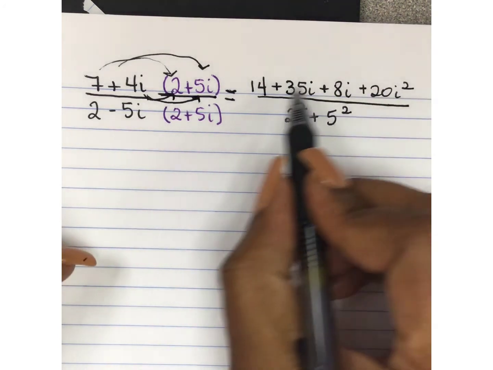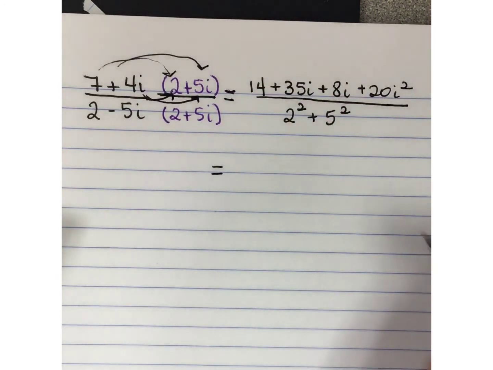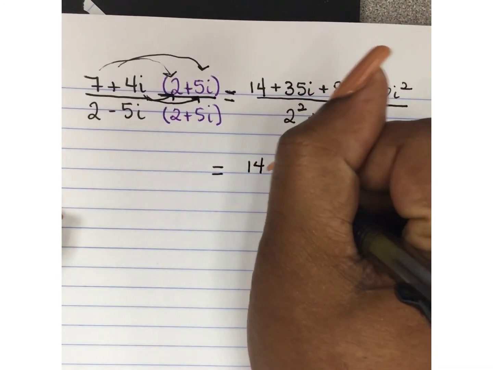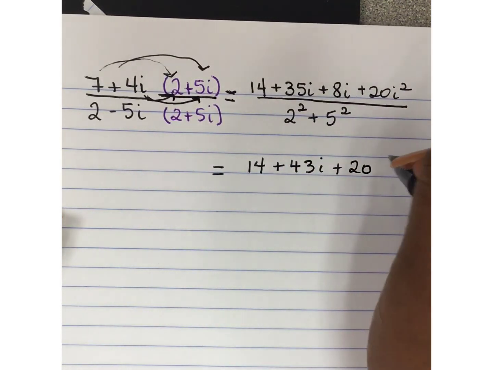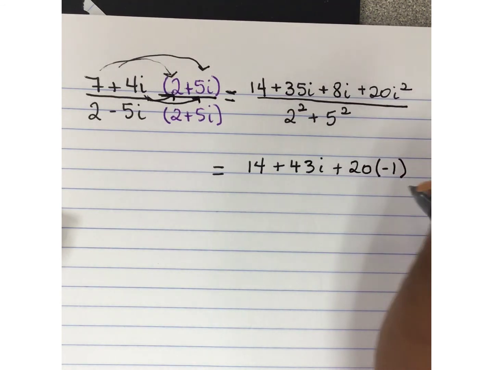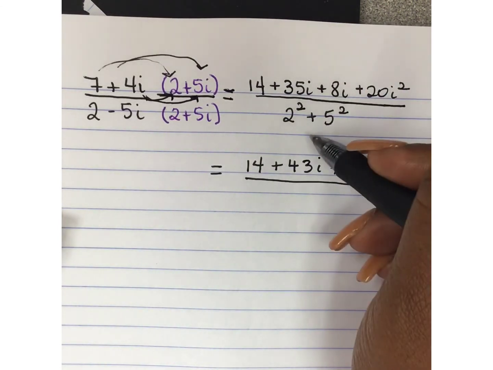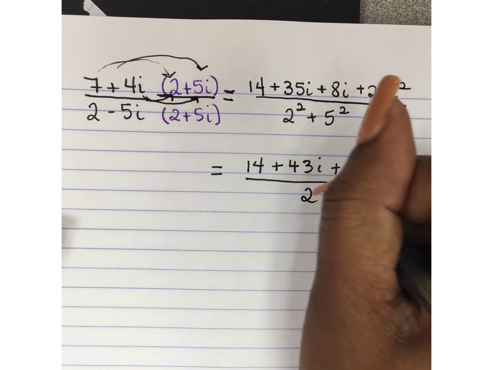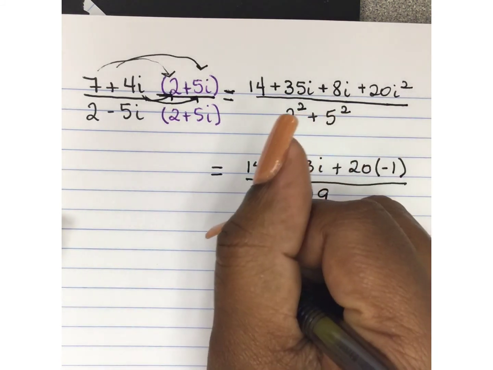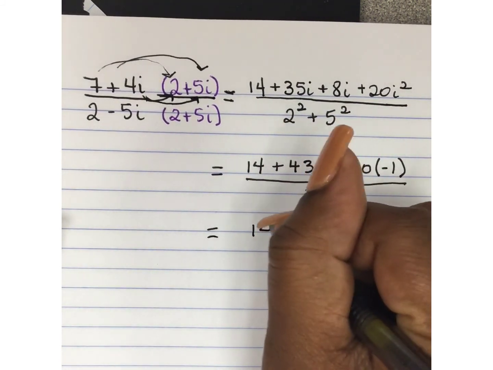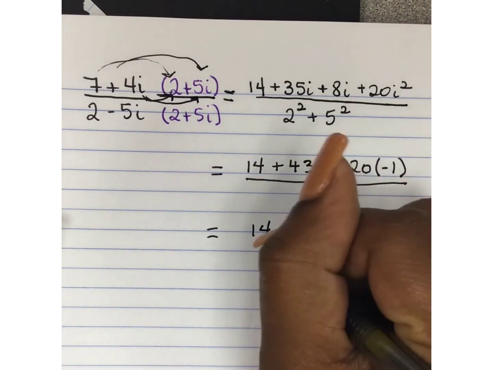Now don't forget to combine like terms, because in the numerator we have a couple of things going on. And so we're going to have 14 plus 43i plus 20. And remember, all our i squares turn to negative ones. Over 2 squared is 4, 5 squared is 25, and 25 plus 4 is 29. So we simplify a little more, and we get 14 plus 43i minus 20 over 29.